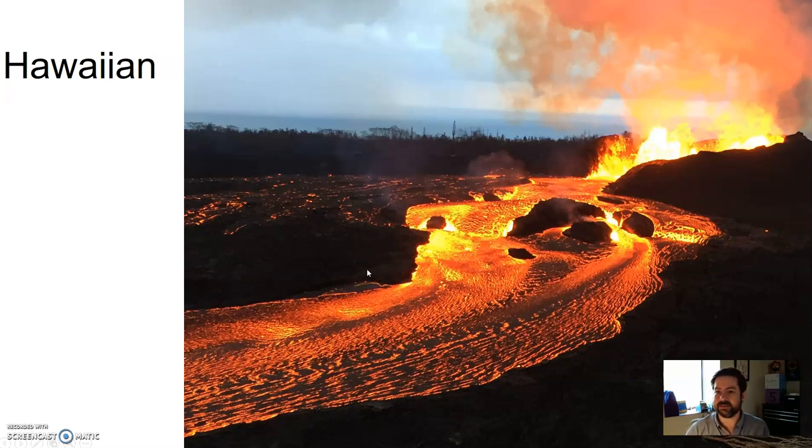Hawaiian eruptions, again, you might get a big fountain of lava, but the lava flow that comes out of it is very gentle. Again, you don't want to jump in it. It can create forest fires, it can burn structures, but it's not very hazardous to life. When a lava flow is coming, you just get out of the way.